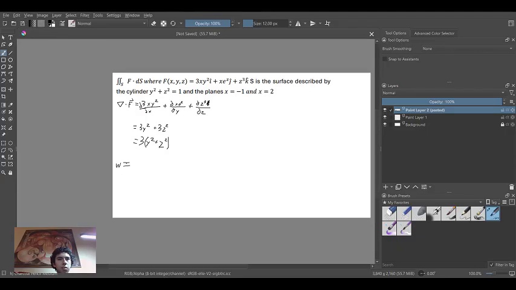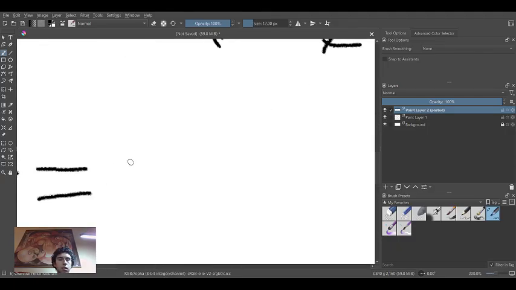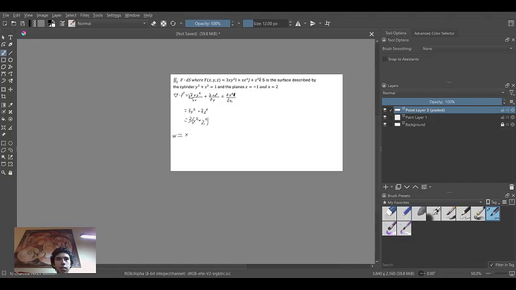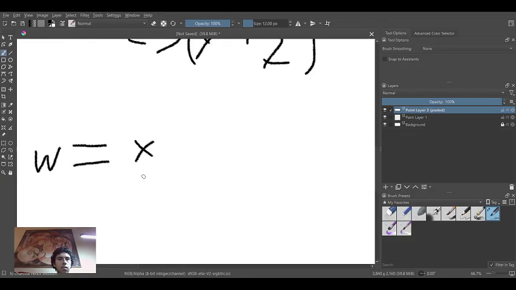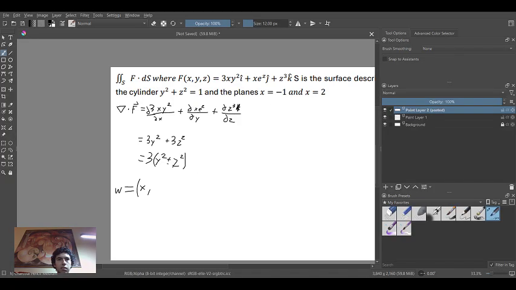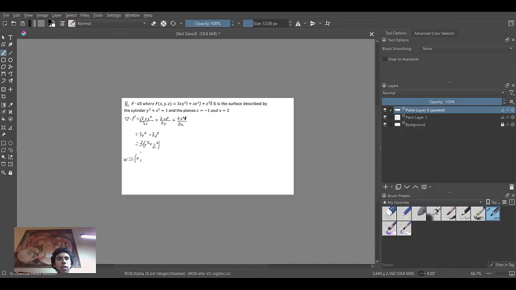W is going to be equal to x, because that's how x works. This is just a linear function. So x, comma, y is going to be, oh, right, I almost forgot.